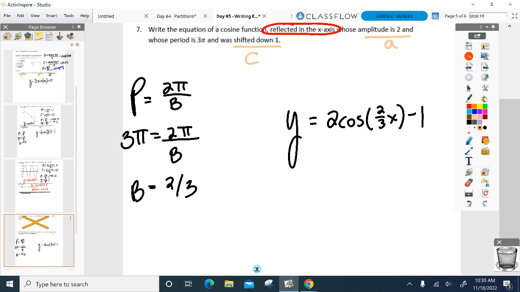What was always at the beginning of every equation that says, whoa, max and mins are going to flip? A negative sign, right? So we got to make sure if it reflects, I got a negative out in front to reflect literally that. You guys good? Watch out for that. Reflecting, I need the negative out in front.